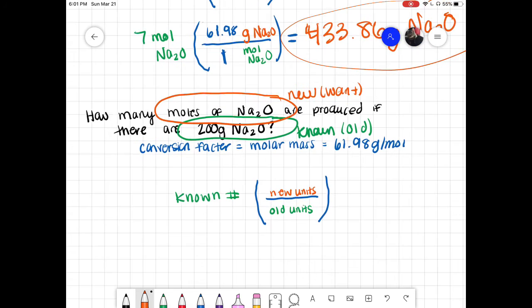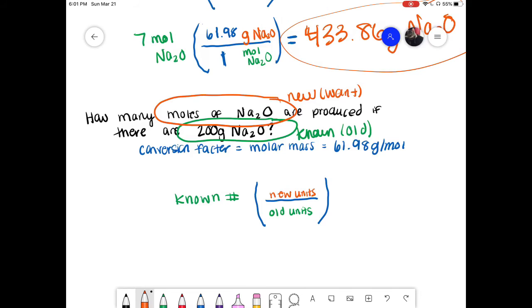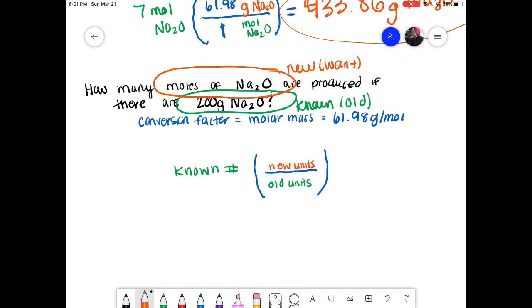Our conversion factor is still going to be our molar mass because we're still going from grams of the one substance to moles of the same substance. So we are going to use that to help us figure out if we have a certain number of grams, how many moles should that be? So we're going to go ahead and write our known number first, which we said was 200 grams of Na2O.